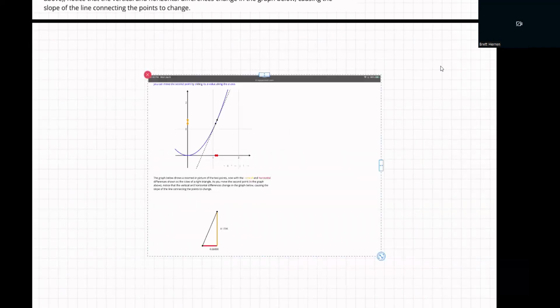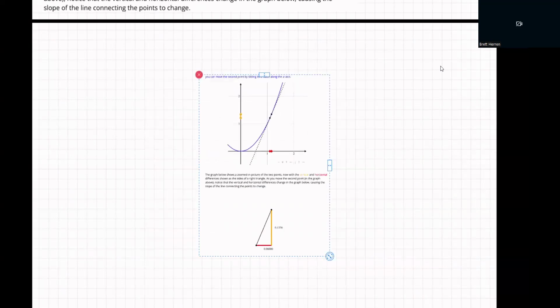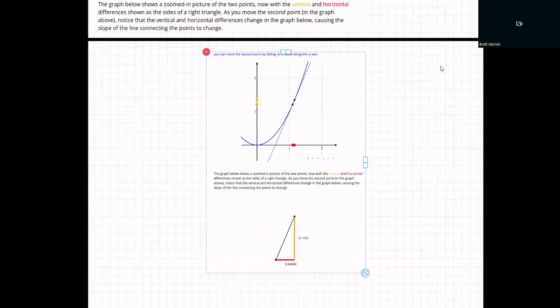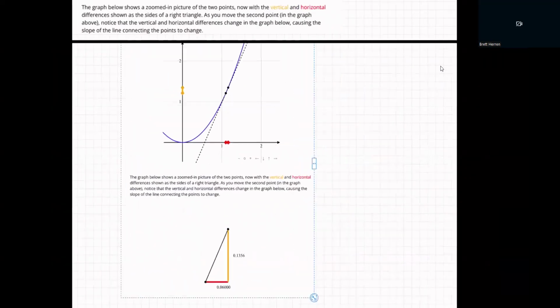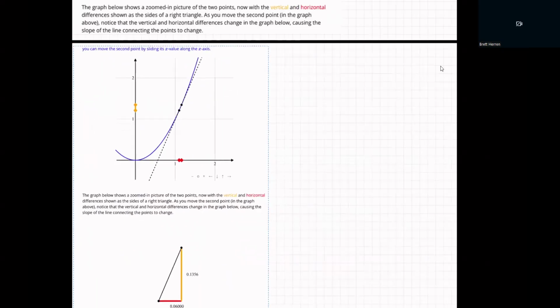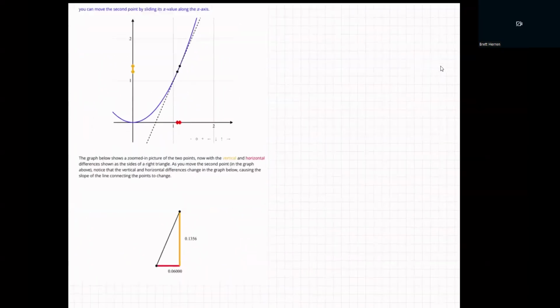And I'll put in that new one I just did. There it is. All right. There we go. Okay. I did this dynamically for you. So there we go. So this is the rise and this is the run.